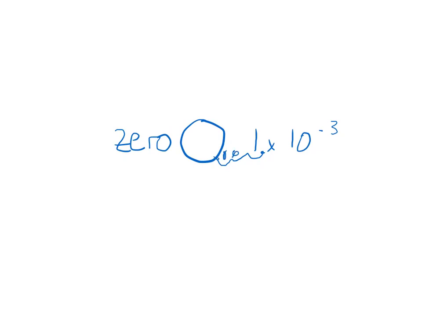So 2 zeros in there, so I'll have 0 compared with 0.001. Which one is larger? Well, this is nothing. Although this is very minimal, at least it's something. So we would write 0 is less than 1/1000th, or 1 times 10 to the negative third.